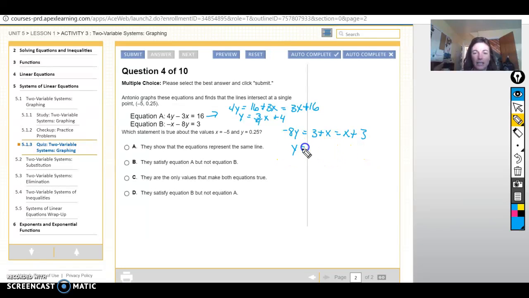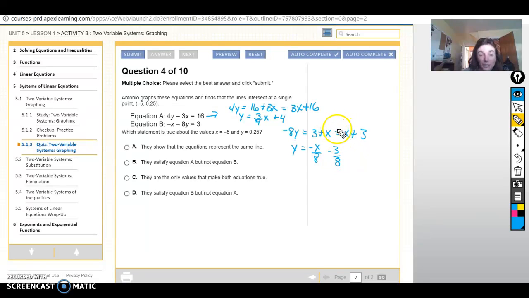So I get y equals -x over 8 plus, excuse me, that's going to be minus 3/8. Okay, so we can see that these are not the same line.